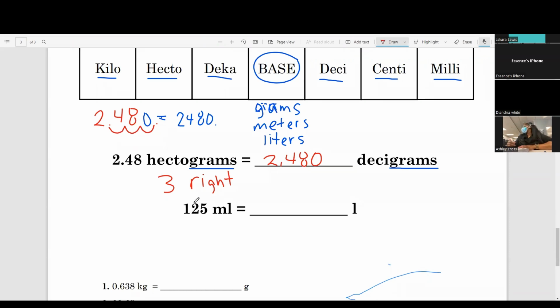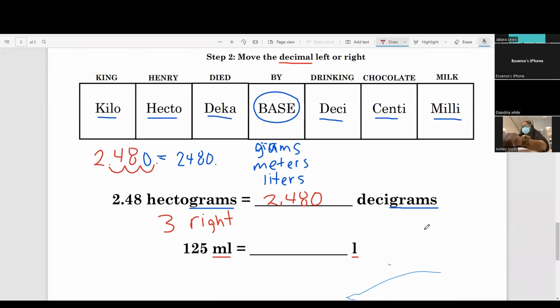All right, so we have 125 ml is equal to L. All right. So I know that ml is what? That is milliliters. And let me go in and write the letters for you guys so you'll know.